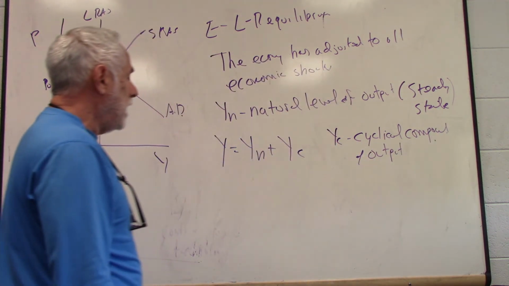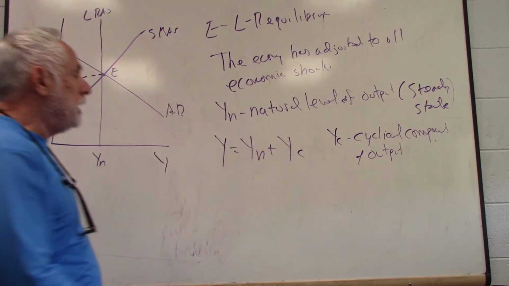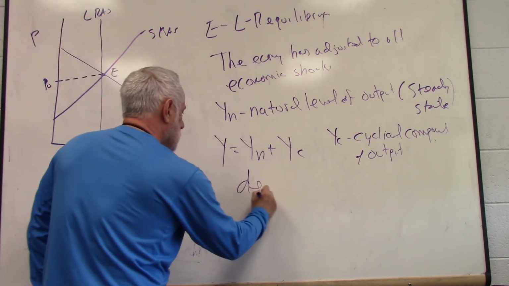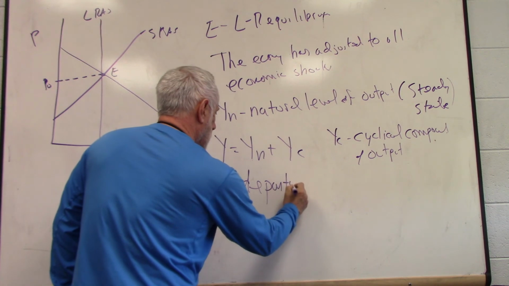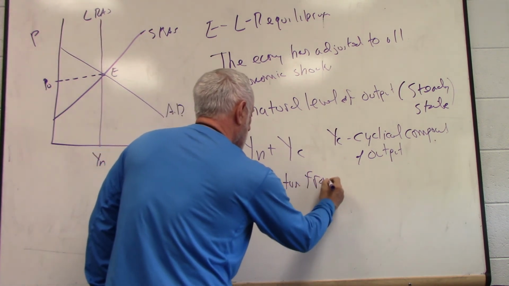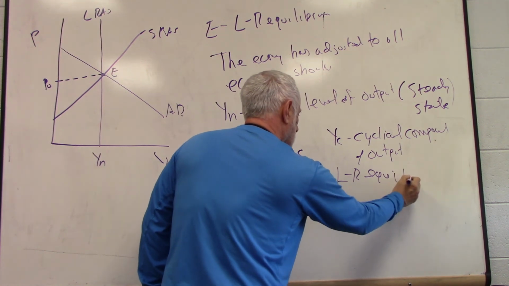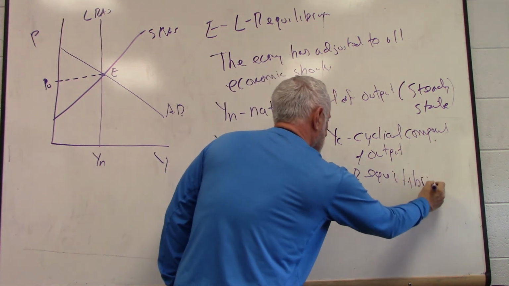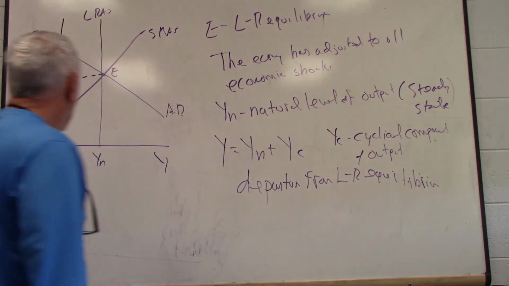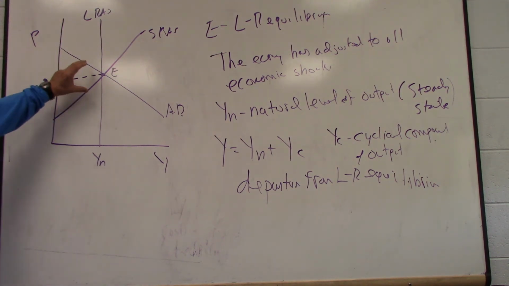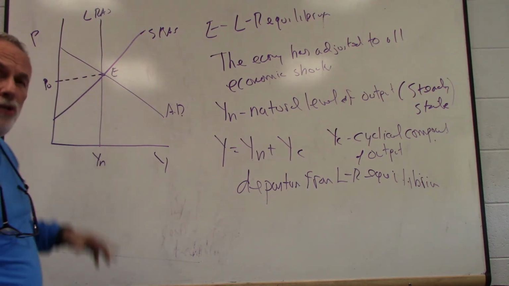And this represents departures from long-run equilibrium. Okay. So, this is where the economy naturally moves towards.